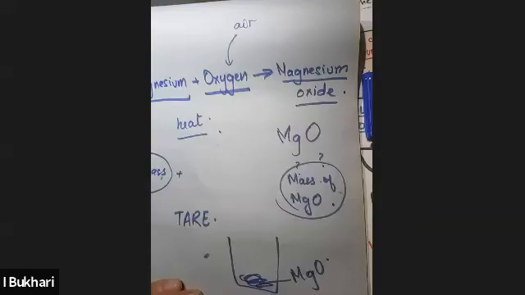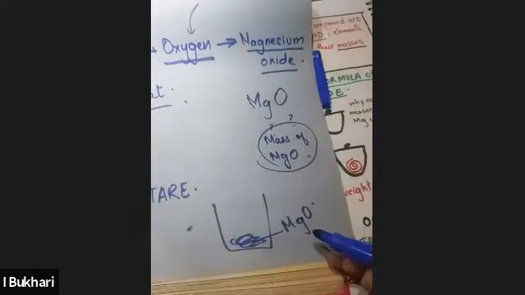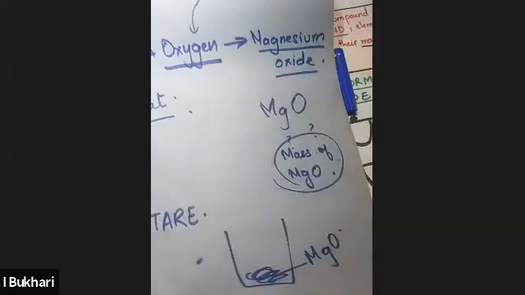So, okay, I'll share the link in the group. So, my question is still there. Okay, Amna, you want to answer? Yeah, because no more oxygen will be reacting with the magnesium. Why?